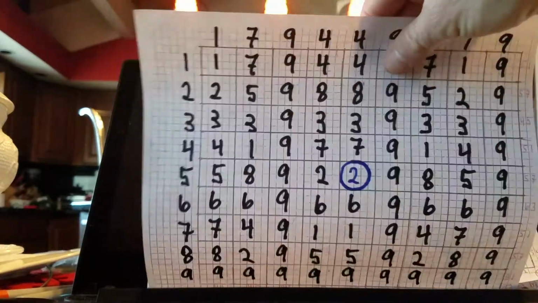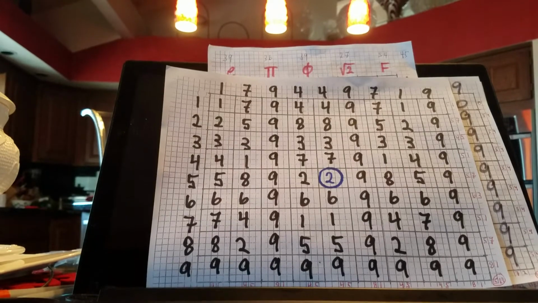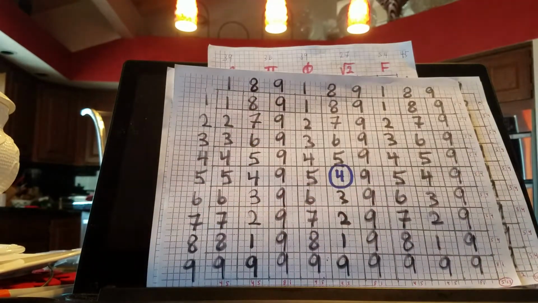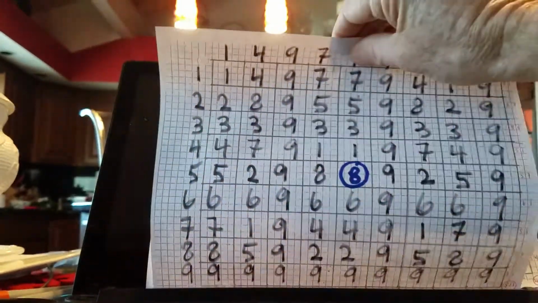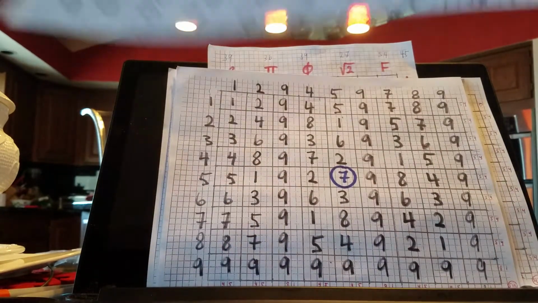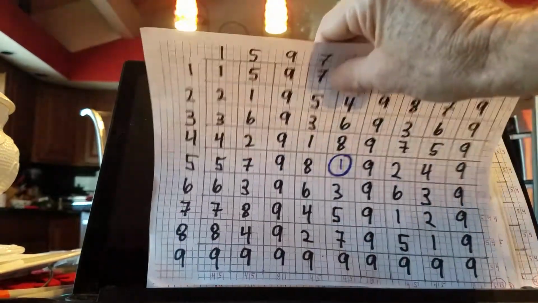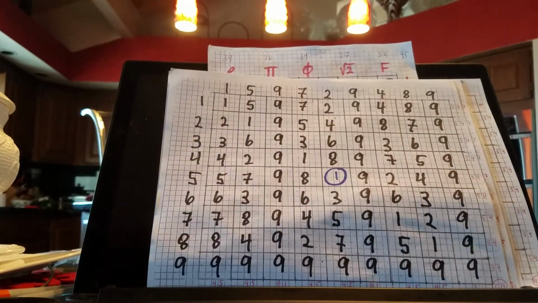Now we're just going to do it with the numbers 1, 2, 3, 4, 5, 6, 7, 8, 9. And we're going to get 2, 4, 8, 7, 5, and 1. And as always, we're going to have the 369 code embedded in each one of these matrices.